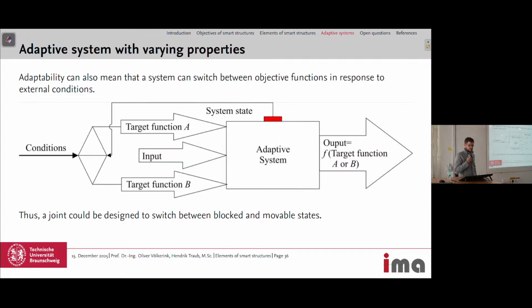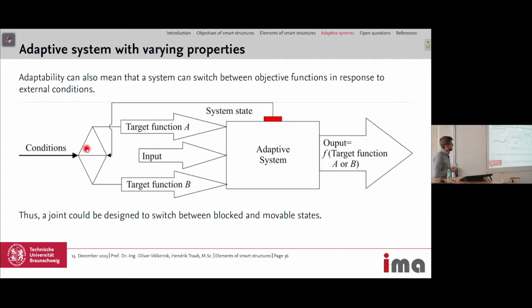So the second kind of system is a system which has varying properties. In this case, we have an adaptability not to compensate for disturbances, but to switch between different system states. So we can switch between objective functions in response to external conditions.